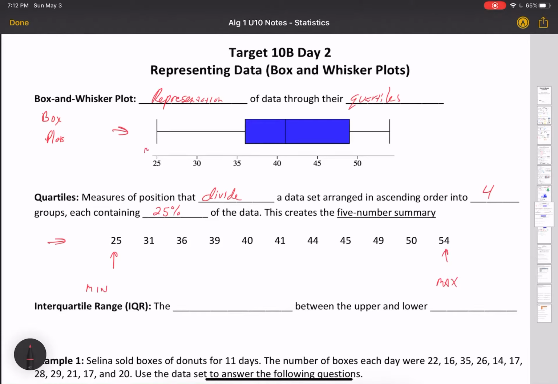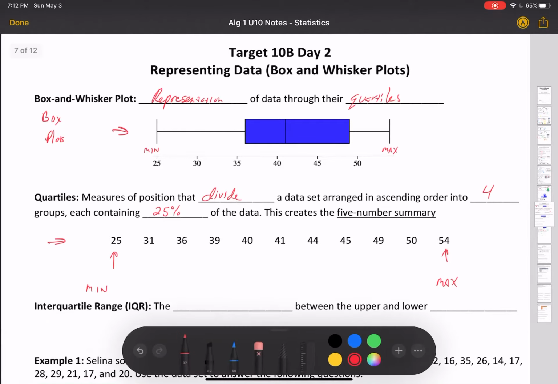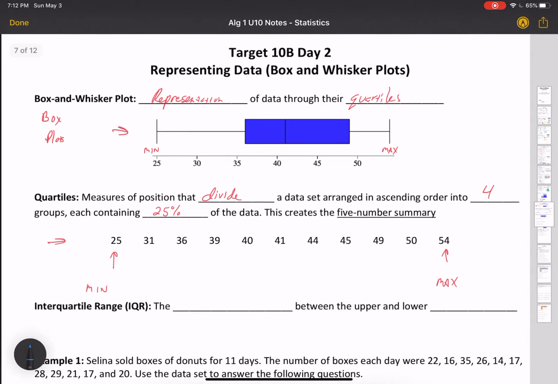Okay, so here's our min, here's our max. The median value, so we need to find the median. That is our median, which is called quartile 2 or Q2.